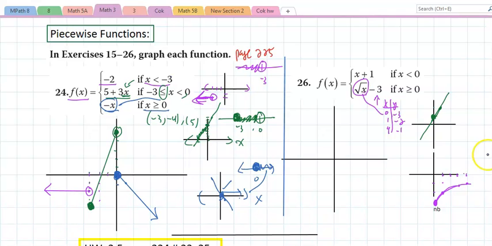But we want pieces of that. For the first piece, we want x, there's the x-axis, not included, that's this, and less than, doesn't that mean to the left? So if I take this line and throw 0 in, 0, 1, slope is rise 1, run 1, but we only want the piece of that line that's to the left. There it is. You don't want the rest of this line.